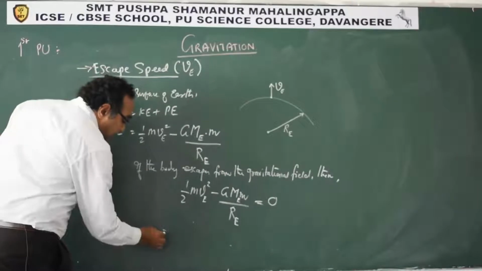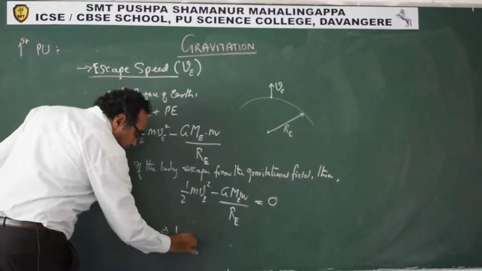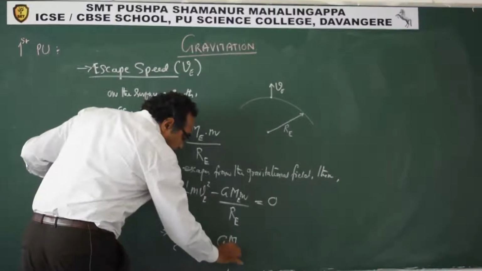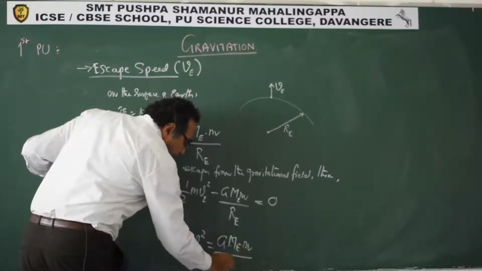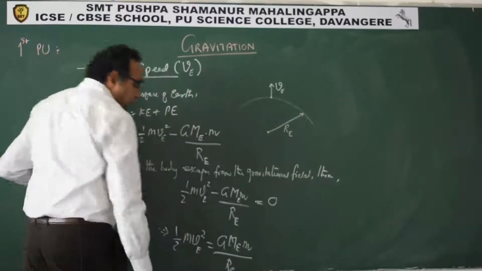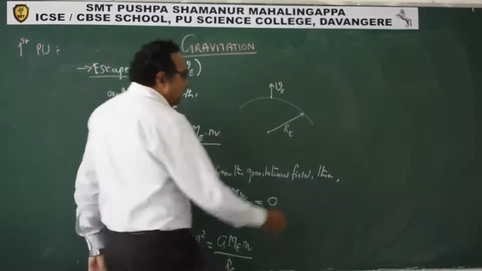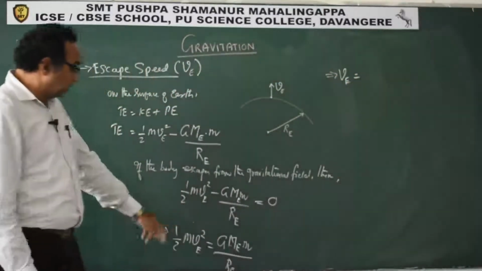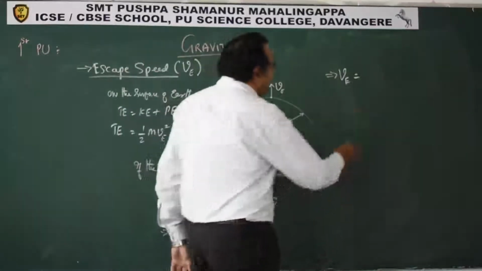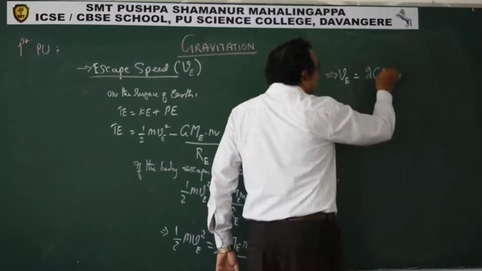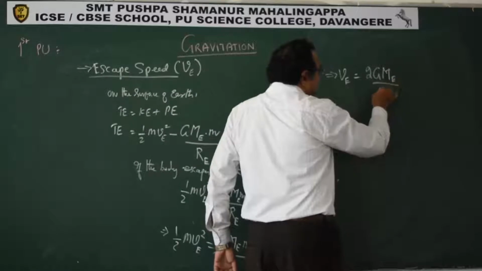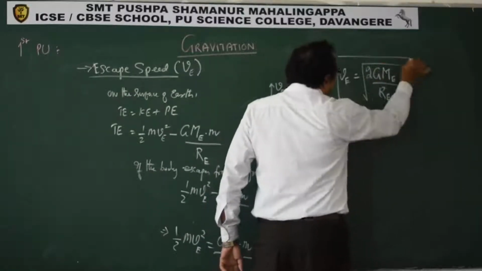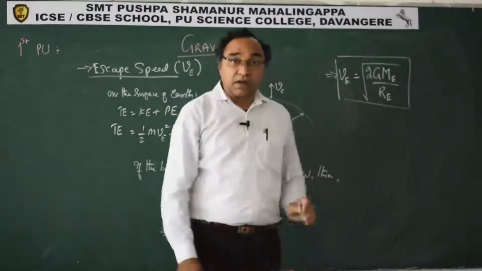So from this we can say half m VE squared is equal to G M_e m by R_e. Therefore VE, the escape velocity from the surface of Earth, with m cancelling out, is root of 2 G M_e by R_e. This is the escape velocity from the surface of Earth.